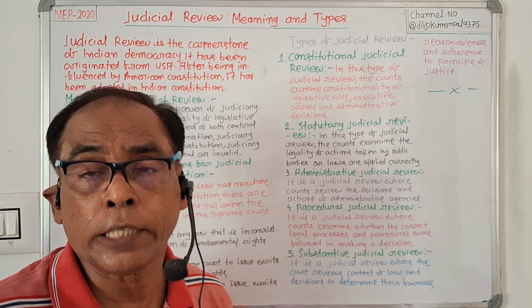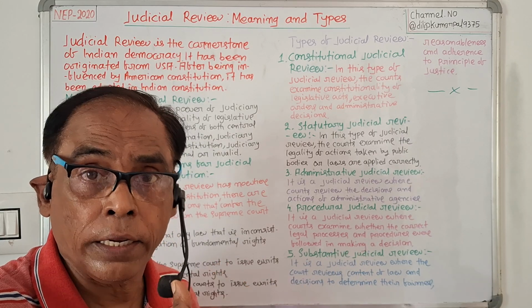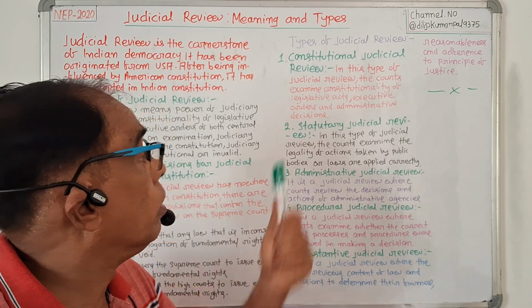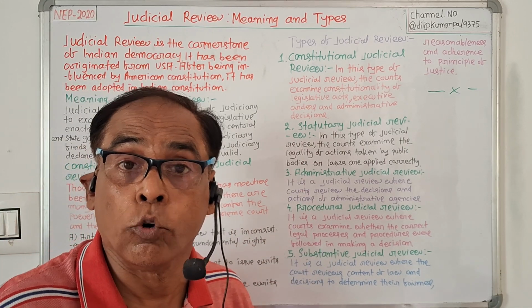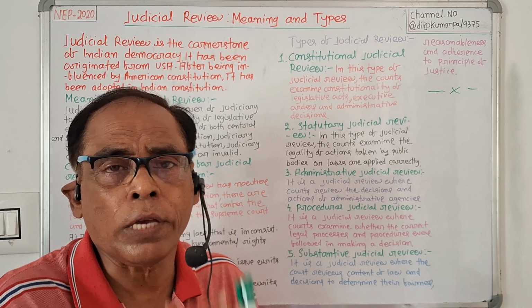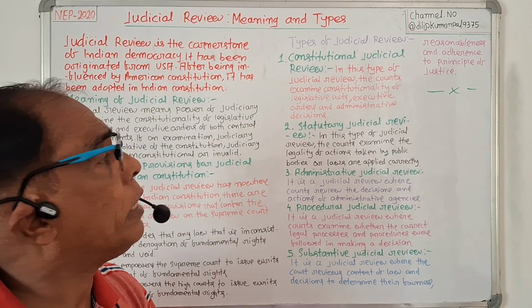If the judiciary finds that any law of legislature, order of executive or decision of an administrative agency violates the constitution, the judiciary will declare them unconstitutional. So we are clear about the meaning of constitutional judicial review.